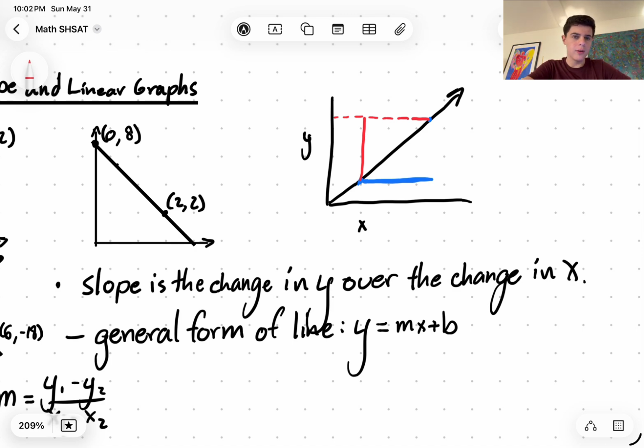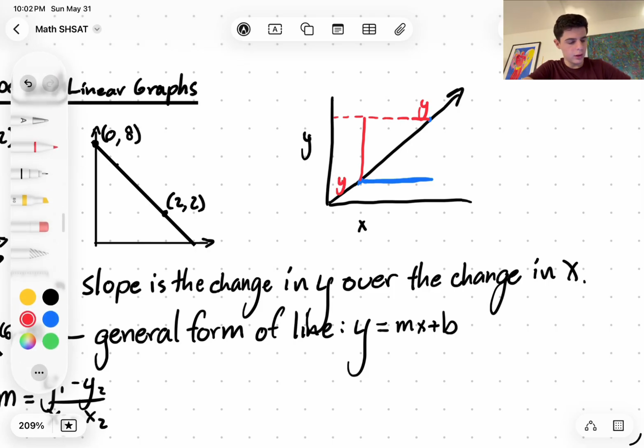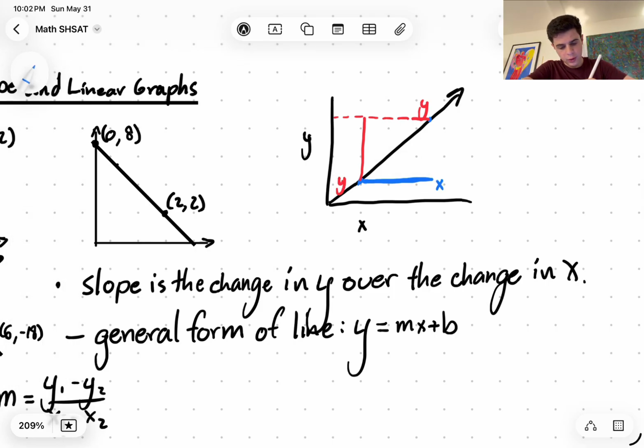So how are we going to find that? Well, we're just going to do the y value of this minus the y value of this. And similarly, for x, we're going to do the x value of this minus the x value of this. And that's how we're going to find these two distances right here. And so basically what that gives us is what we call our slope, which is m in this equation.